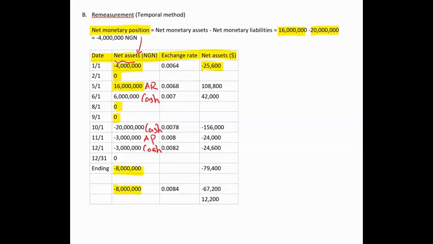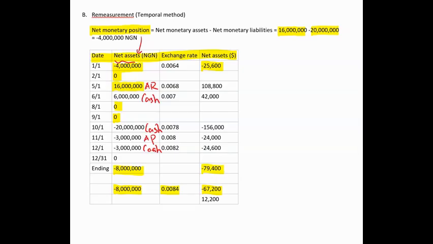If we convert that 8 million to US dollars using the December 31st exchange rate, it equals negative $67,200. However, if we update everything with US dollars, then the net negative position amount is negative $79,400.